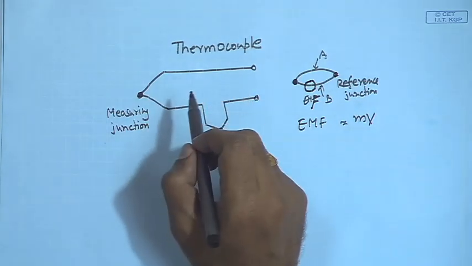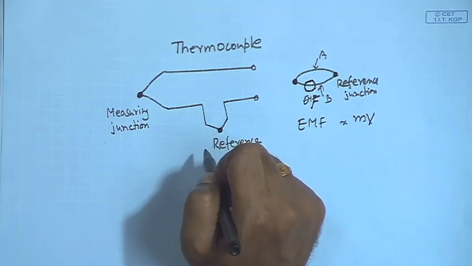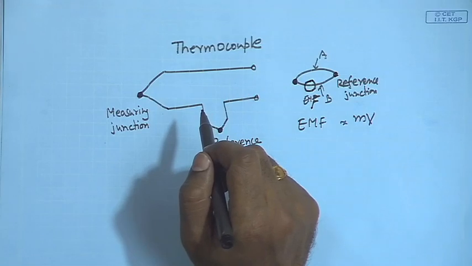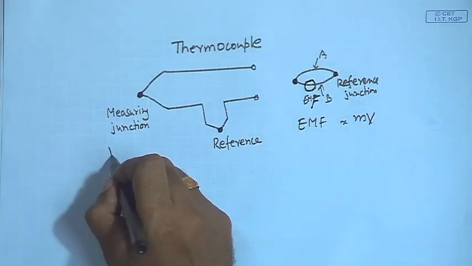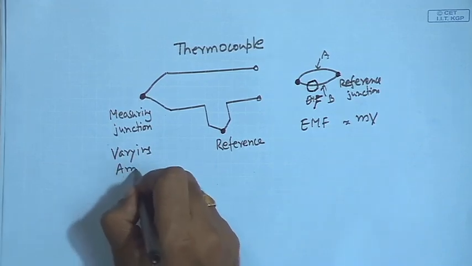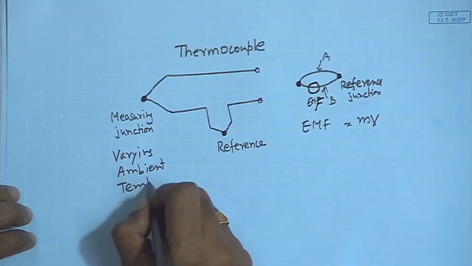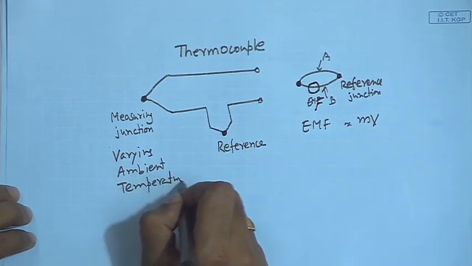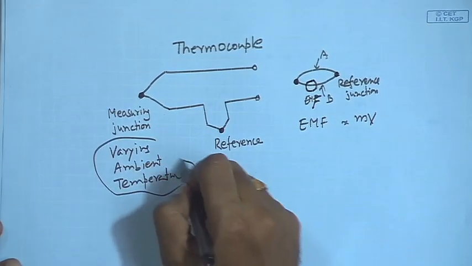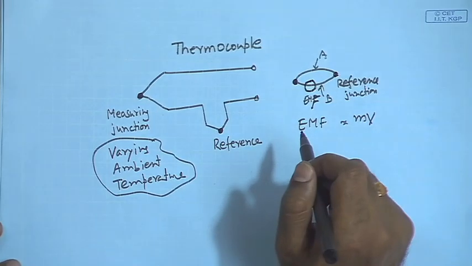Now, this reference junction has to be kept at some constant temperature. So, if there is varying ambient temperature, this can work as an interfering input to the thermocouple.